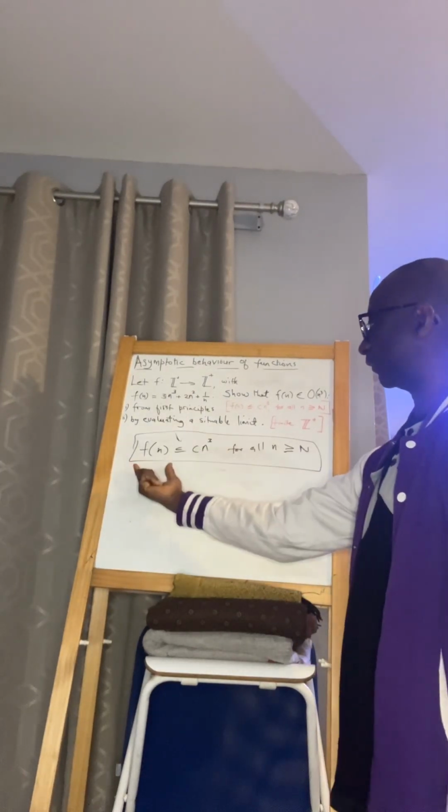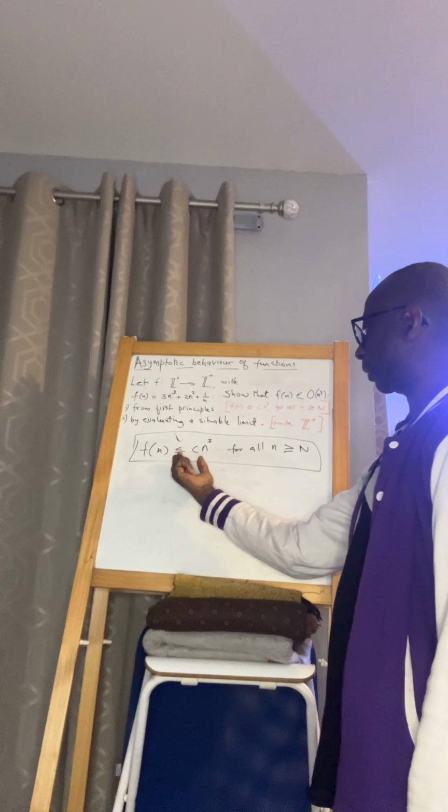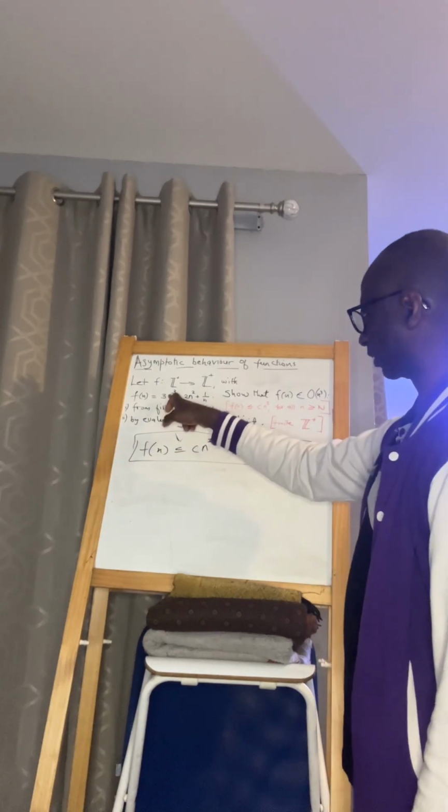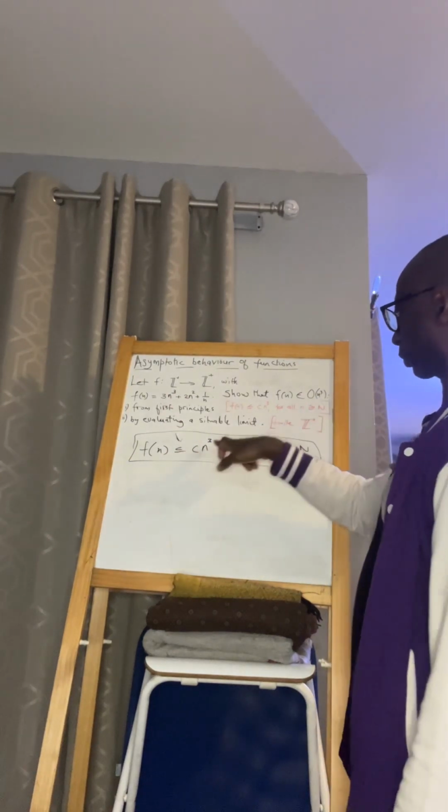The function you are given, f of n, must be less than or equal to c n cubed, because it's cubed here, that's why you have c n cubed.